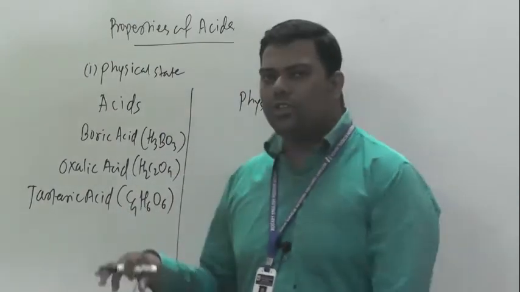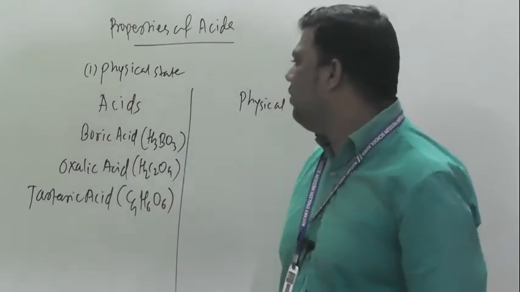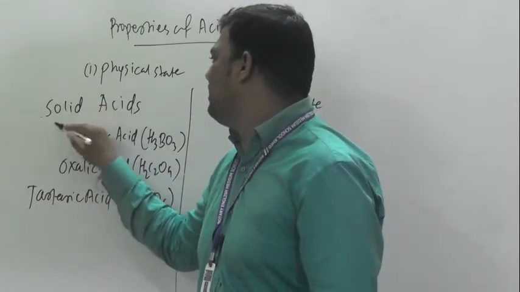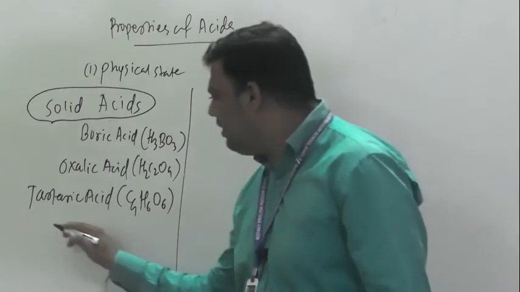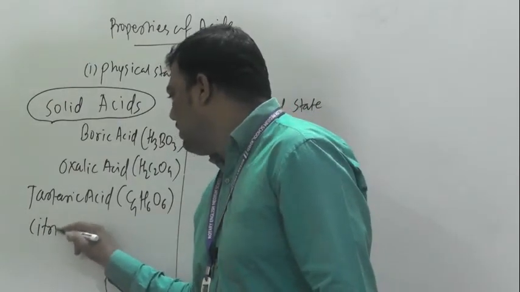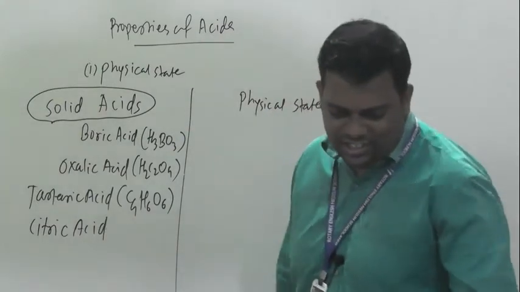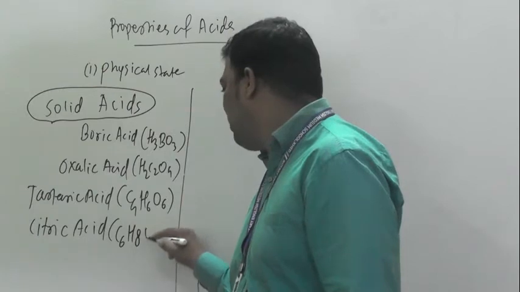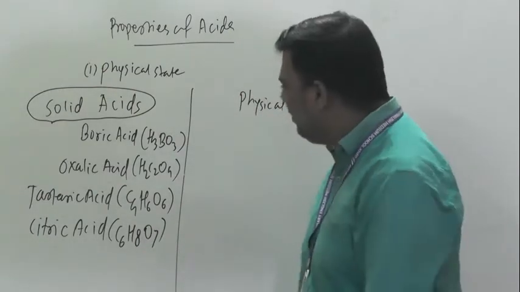So first we will concentrate on whichever acids are solids. These are solid acids. Another acid is citric acid, with the molecular formula C6H8O7.